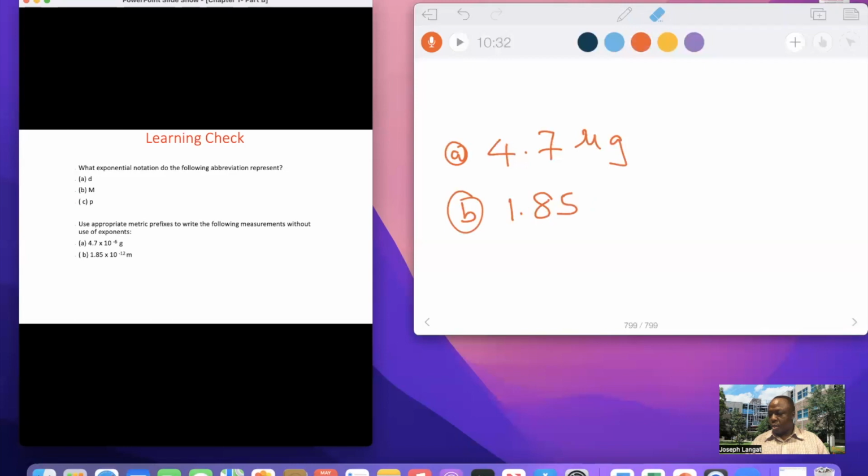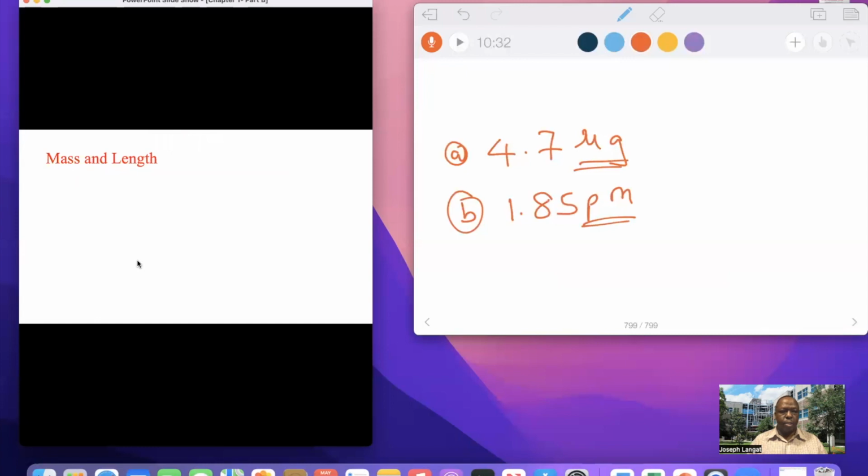This is picowatt. This is picometer, instead of 1.85 times 10 to -12. So this is what I'm looking for, if the question is along these lines.